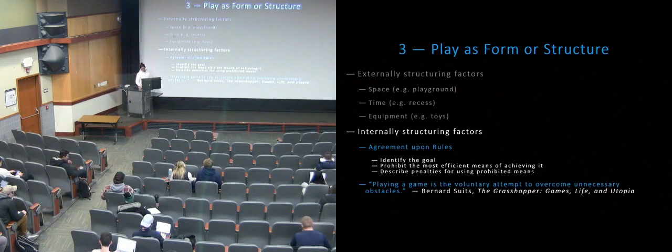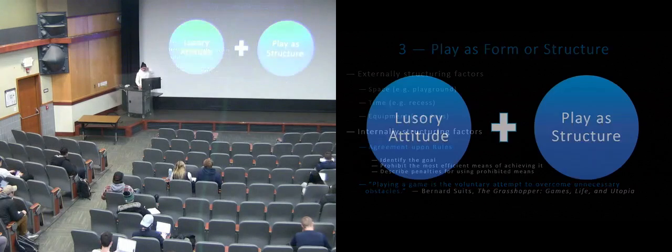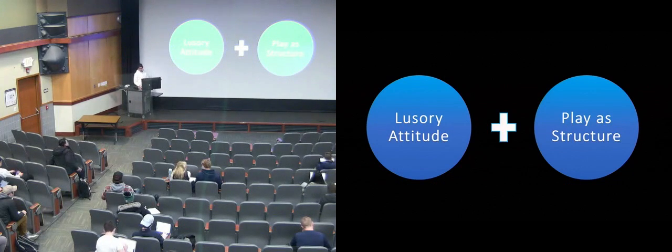All right, let's pause for a second. We can think of what we've done so far as approaching play from two sides. On the one hand, by asking if there is an attitude or motive that distinguishes people who are undertaking play from people who are not. And on the other hand, by asking if there is a structure that distinguishes play from other activities.